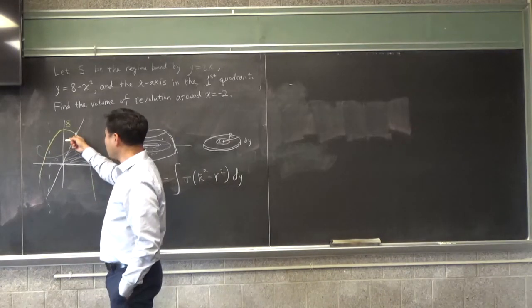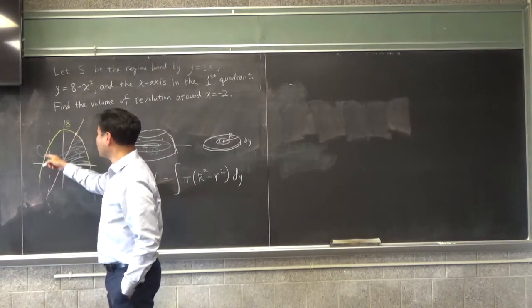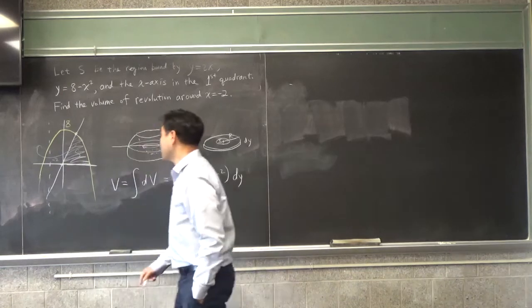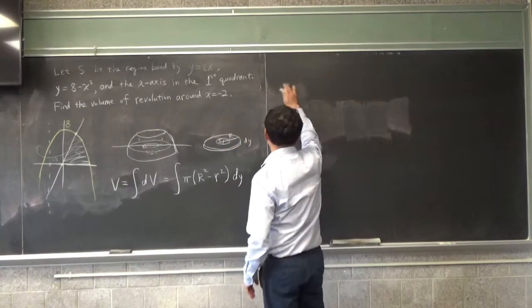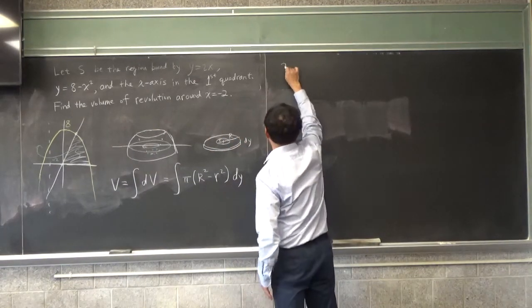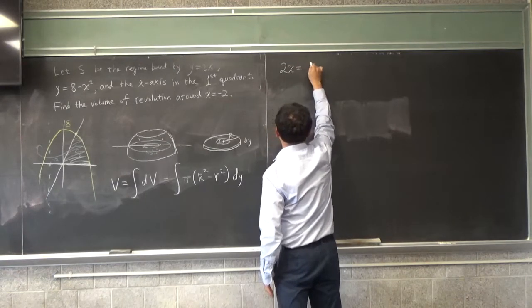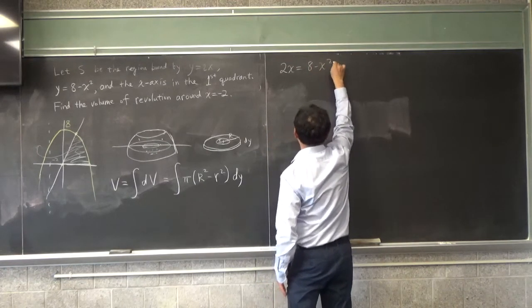That is the intersection of y equals 2x and y equals 8 minus x squared. We find the intersection by setting the two equal to each other. So we write 2x equals 8 minus x squared.